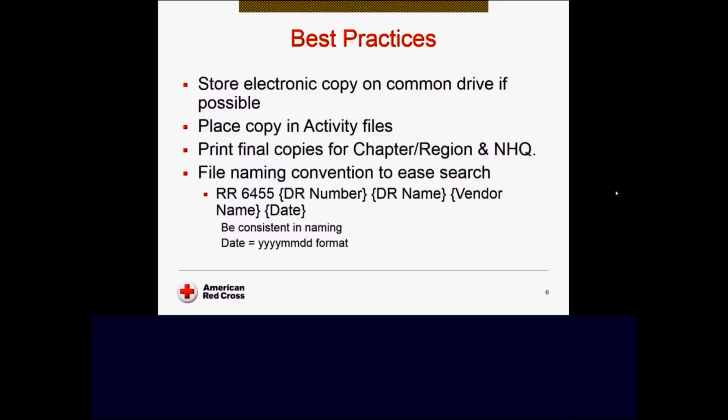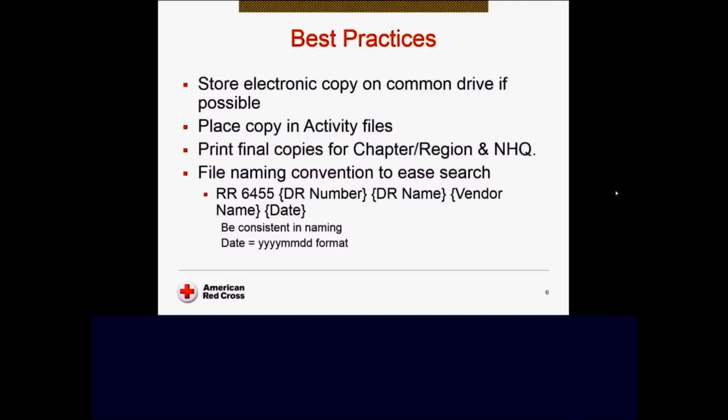At the end or during the DRO, you may want to place copies in the different activity files you may have had. So if you have a vendor file or a facility file, you want to put it in there, so that other people who may not have access to the common drive can actually see it.